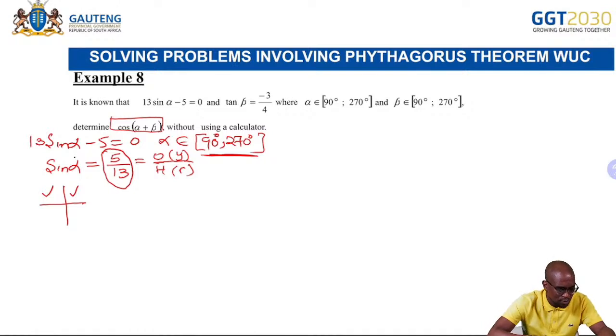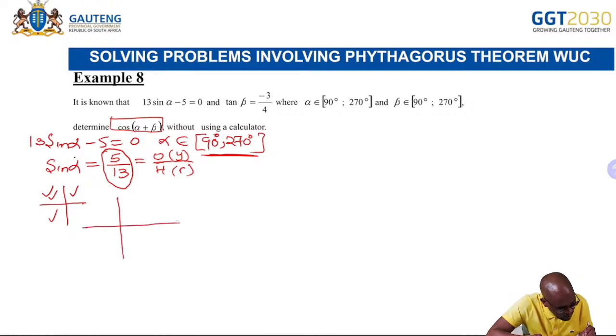So when they say between 90 and 270, it means it's either in the second quadrant or in the third quadrant. So we are going to go for the quadrant where we get 2 ticks.